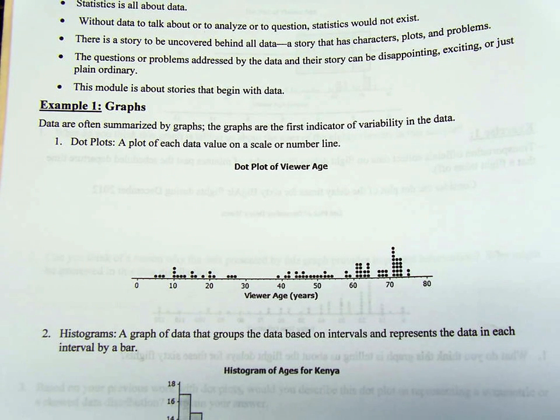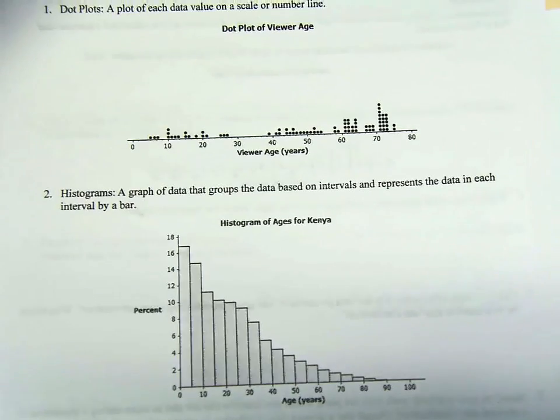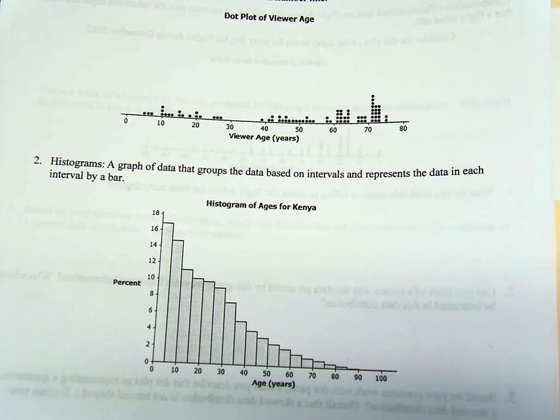The next type of graph that we're going to talk about is a histogram. A histogram is kind of similar to a bar graph, but there are differences, because in a bar graph, it doesn't matter the width of each bar. A histogram is a graph of data that groups the data based on intervals and represents the data in each interval by a bar.